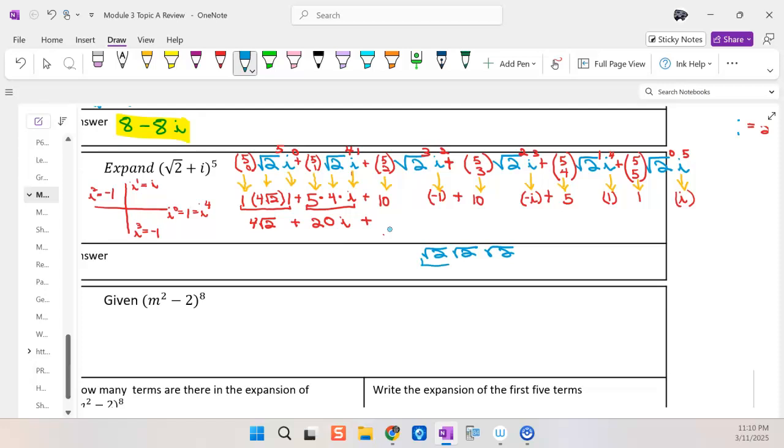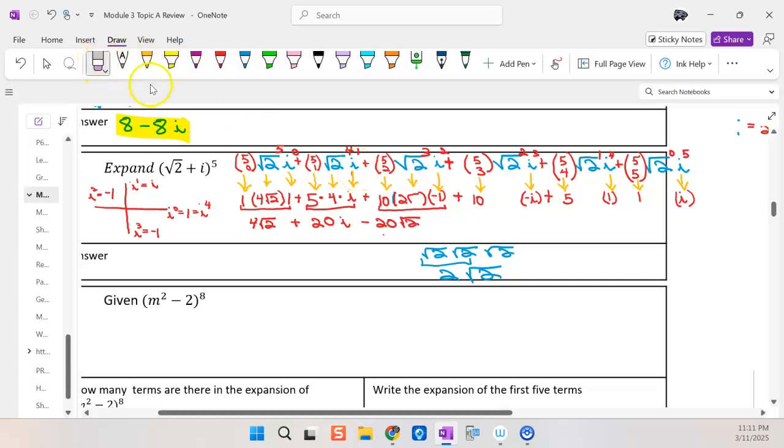Those two become 2, and then I have a leftover root 2, so that's 2 root 2. Now I have to multiply these three. So 10 times 2, 20, times negative 1, negative 20 root 2.